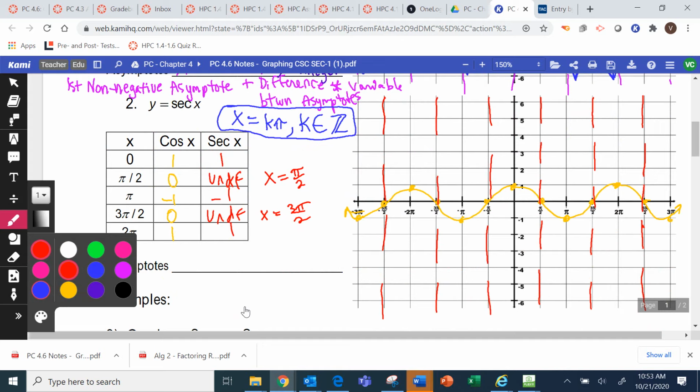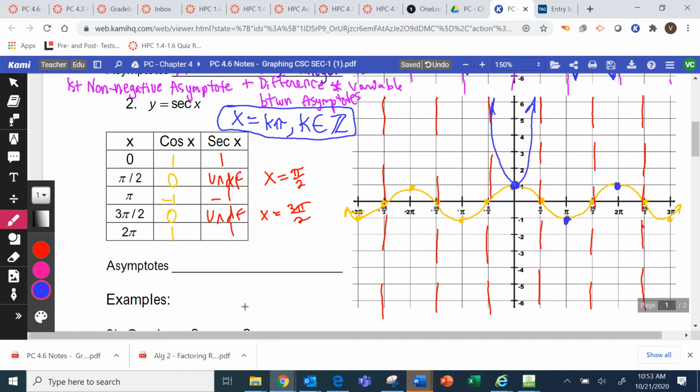Our points 0, 1, pi, negative 1, and 2 pi, 1. Anytime it is on the top, it's going to open up. If it's on the bottom, it's going to open down.